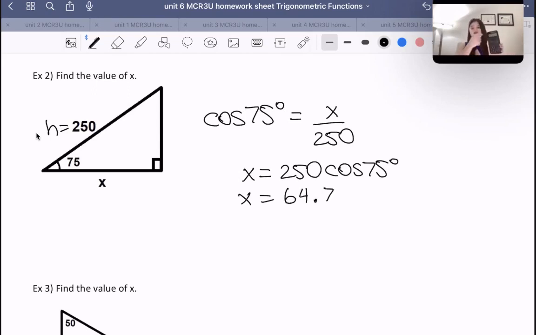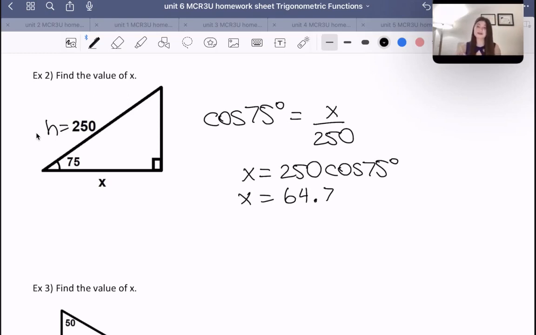It actually is a full calculator full of numbers, but I'm just going to round to 1 decimal place in this situation, or you could even round to 65 if you wanted, because their numbers were free of decimals, but I am going to round to 1 here in this case. Or even if we were rounding to 2, it actually would be 70 that we'd round to, so that works that way as well. So the value of x is 64.7.